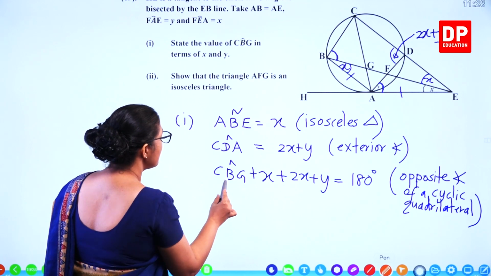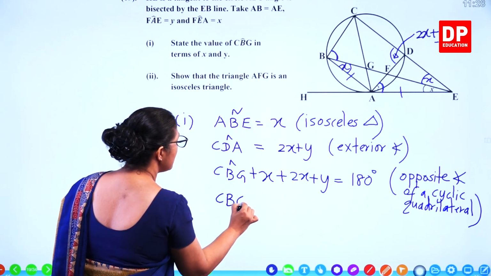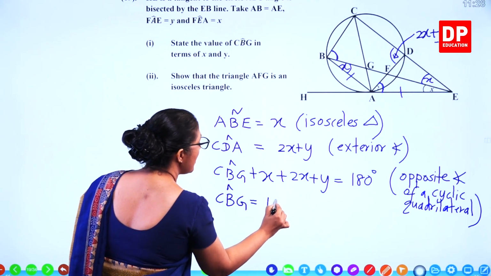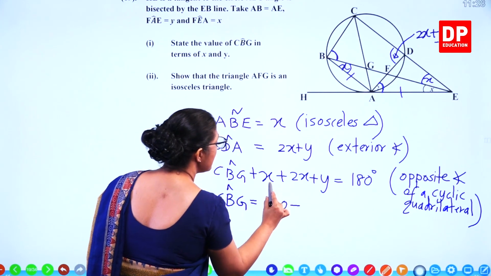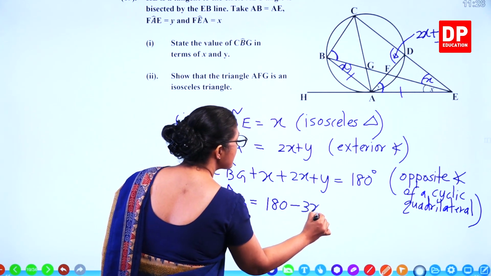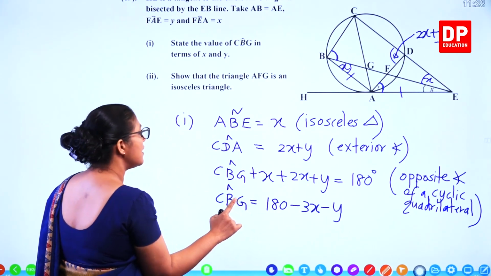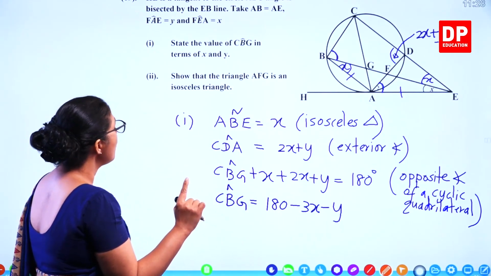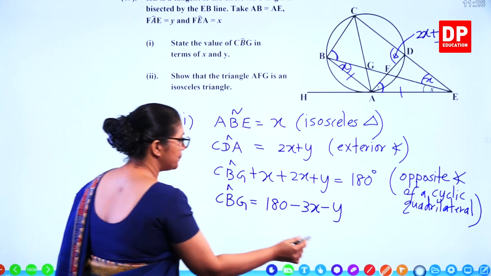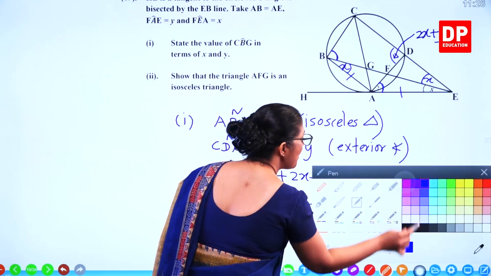Then simplify. So CBG angle becomes 180 minus x and 2x, that's 3x, and minus y. So that's the angle in terms of x and y. So how many marks for that part?